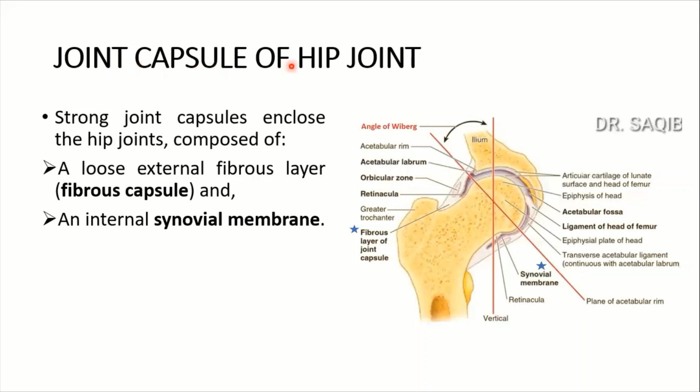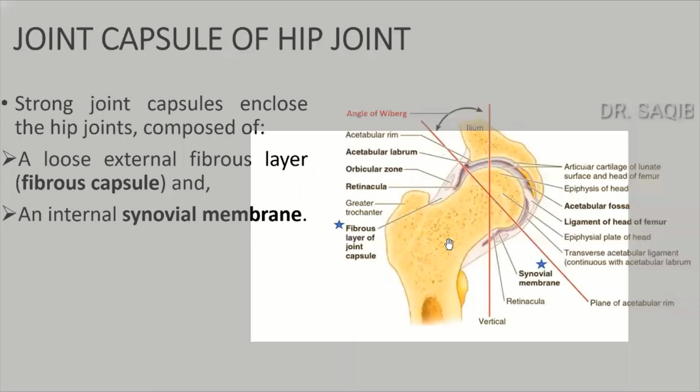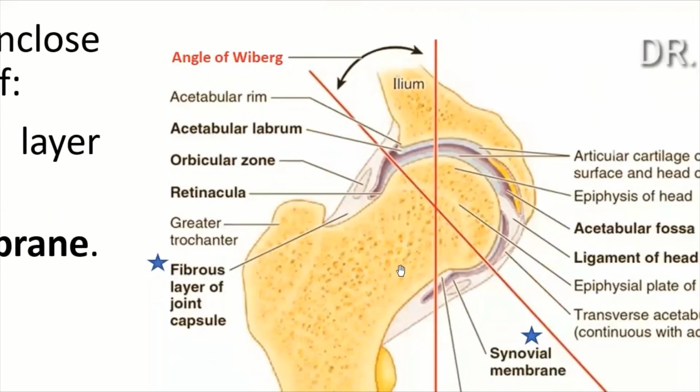So, the joint capsule of the hip joint. A strong joint capsule encloses the hip joint, composed of a loose external layer, which is the fibrous capsule, and an internal synovial membrane, right? So let's see, zooming in. So you could see this, right? This is the fibrous layer of the joint capsule.